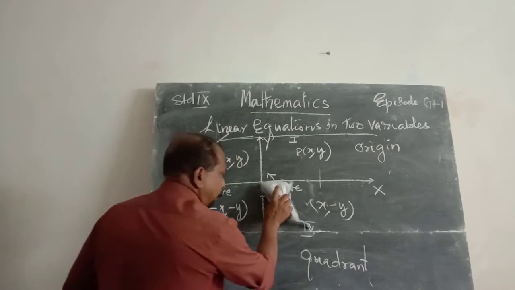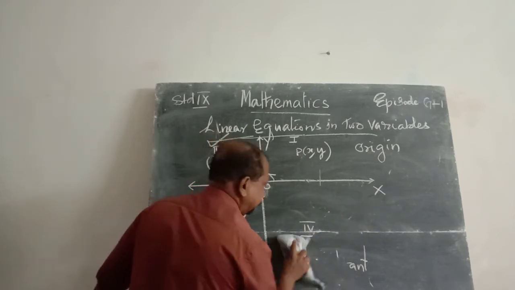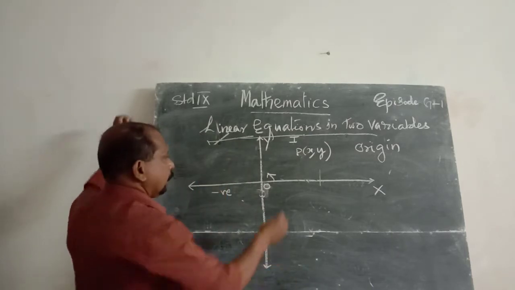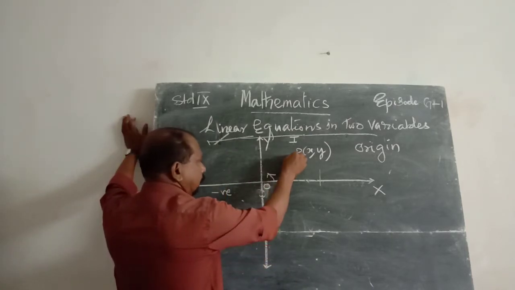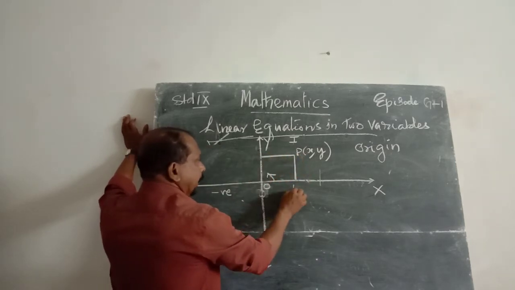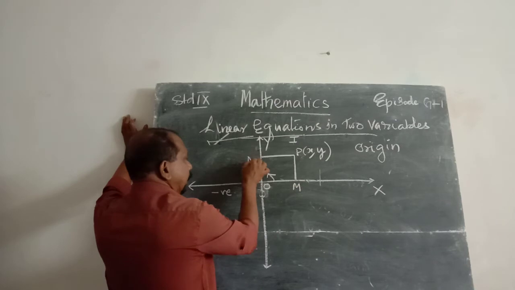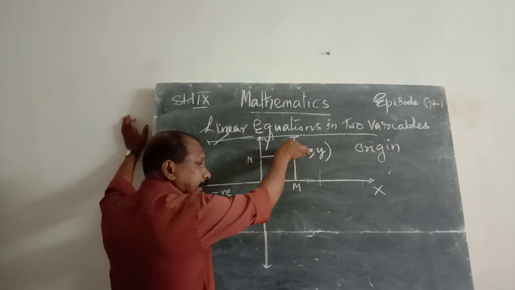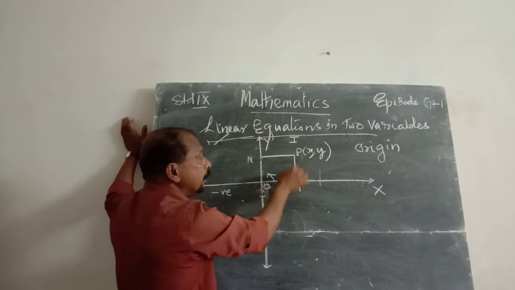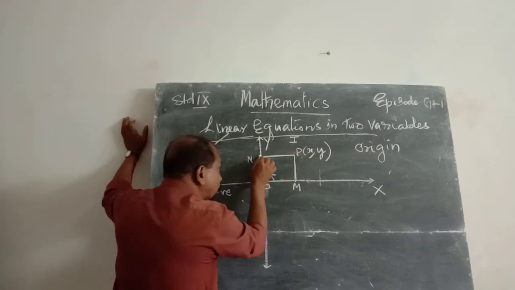Let us suppose the first quadrant only. In the first quadrant, this is the point P. This one, so PM and PN. PM is the distance of that point from the x-axis. You know that this is equal to the y value.